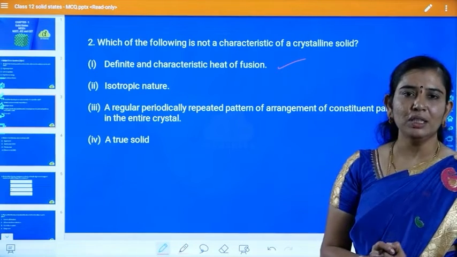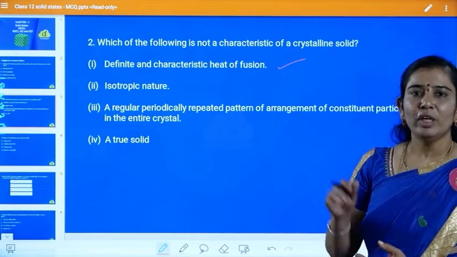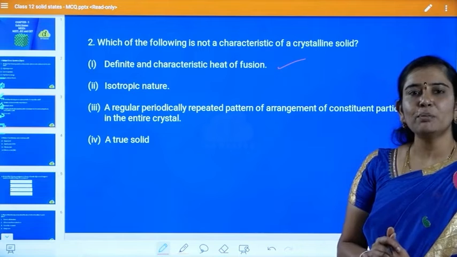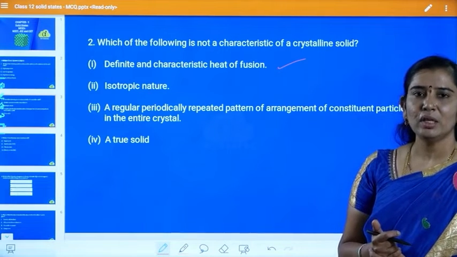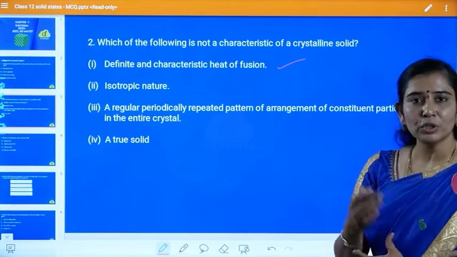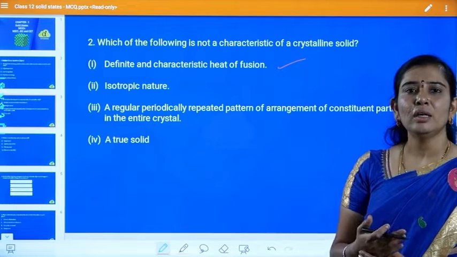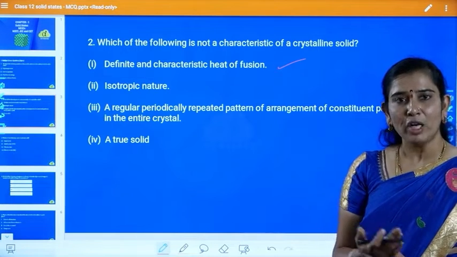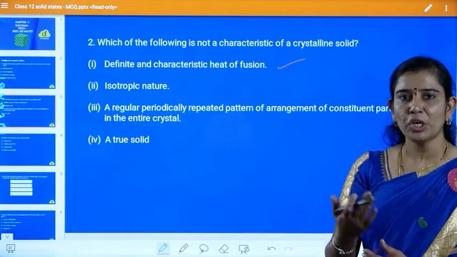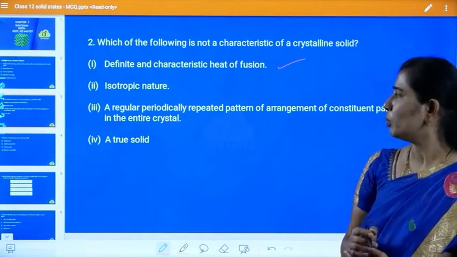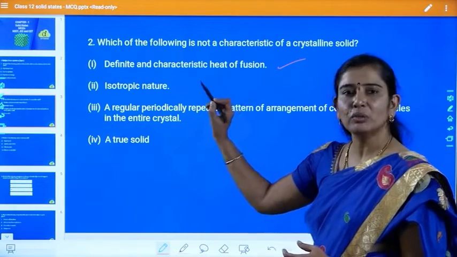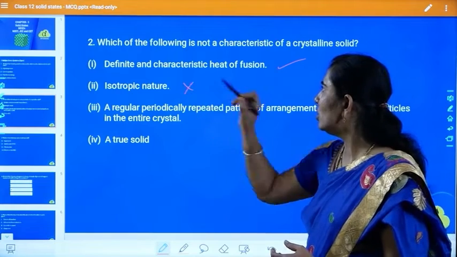Isotropic in nature. Will it show the same physical properties if you change the direction of measurement? No. Crystalline solid will show different physical parametric values when you change the direction of measurement. So we call it anisotropic, but here the option given is isotropic. So this is wrong.